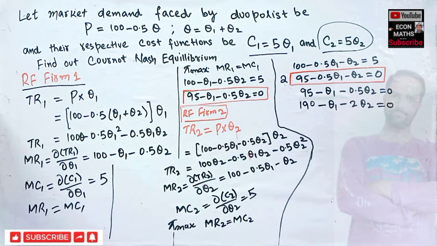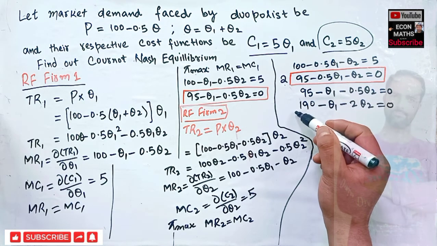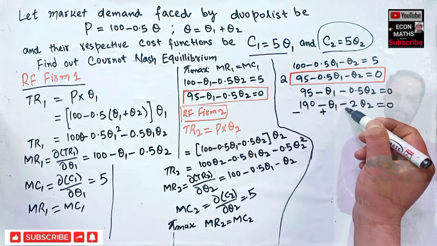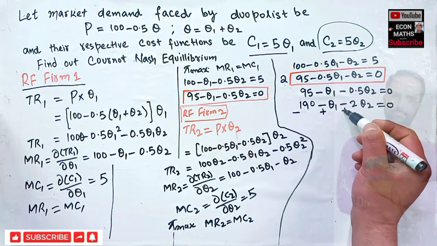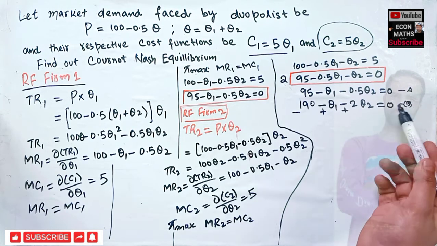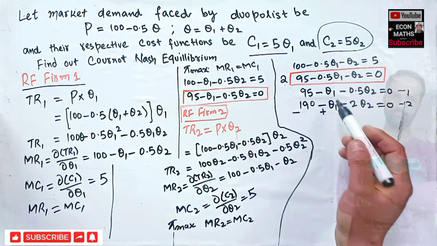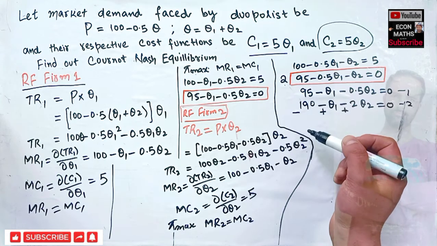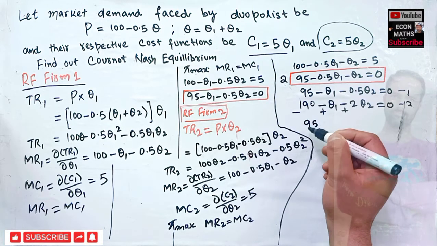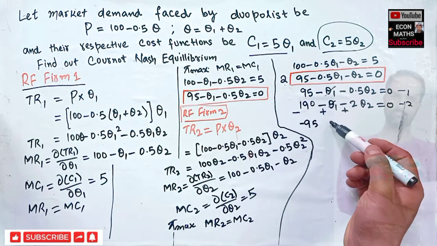Now we have the same coefficients here, so let us subtract. So this will become minus, this is plus, this is plus again. I have subtracted equation 2 from equation 1, so 190 minus 95 comes out to be 95, and minus q1 plus q1 gets cancelled.